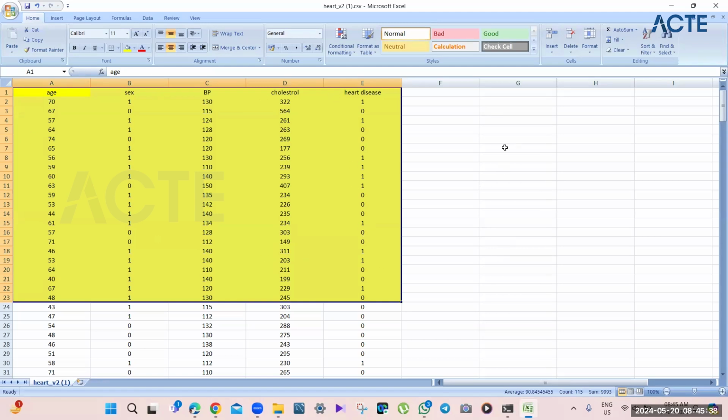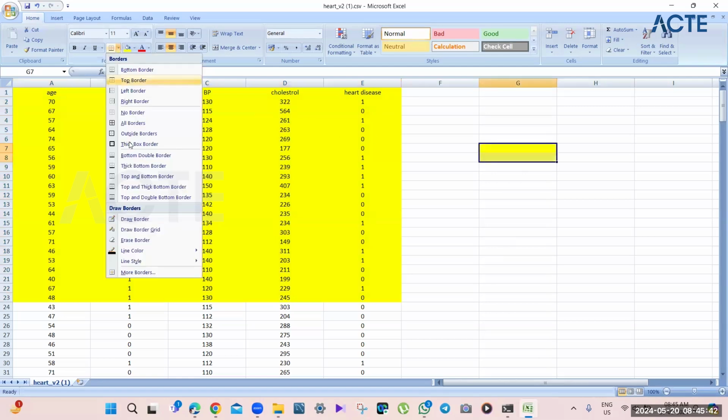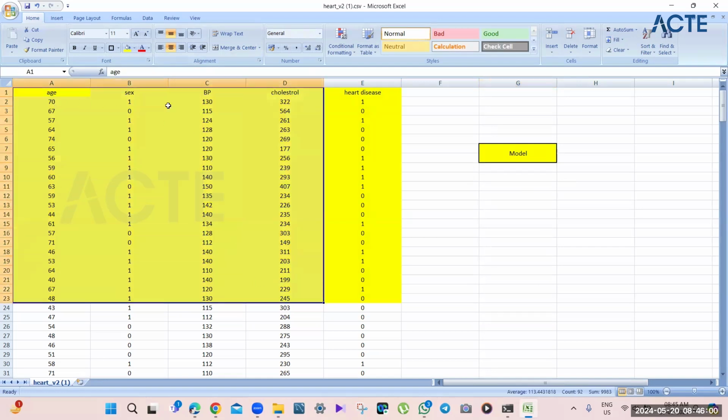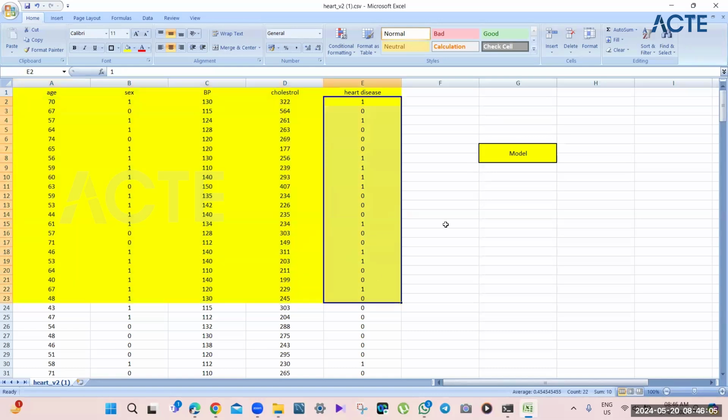Based on this input data, I will create a model. So this will be my model, right? What is a model? A model means a function which will have these as the input, and for this input the model knows these are the outputs.